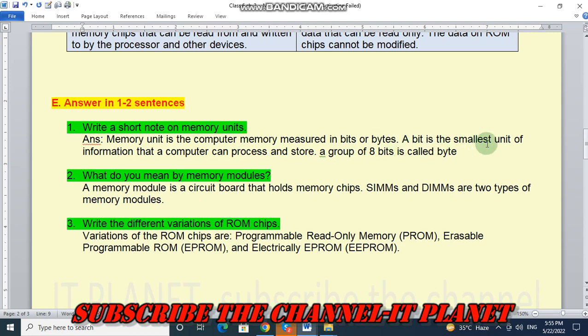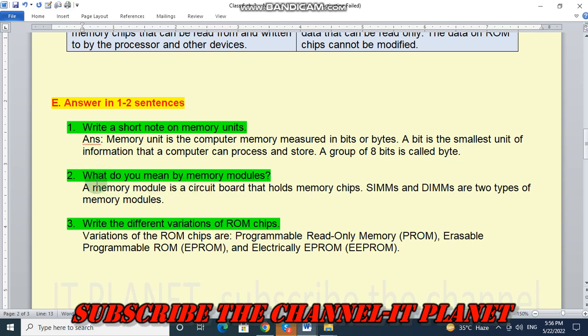A bit is the smallest unit of information that a computer can process and store. A group of 8 bits is called a byte, and a group of 4 bits is called a nibble.